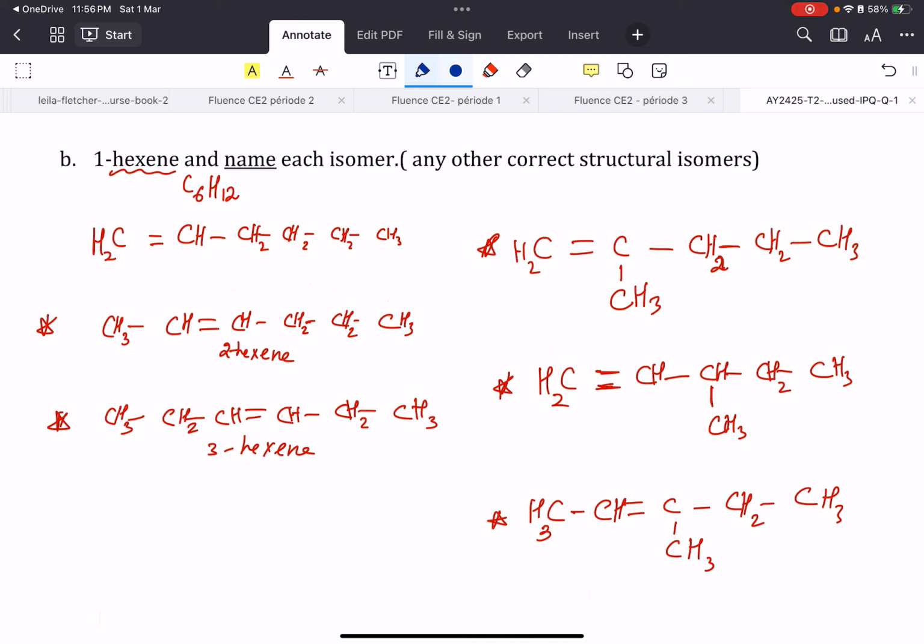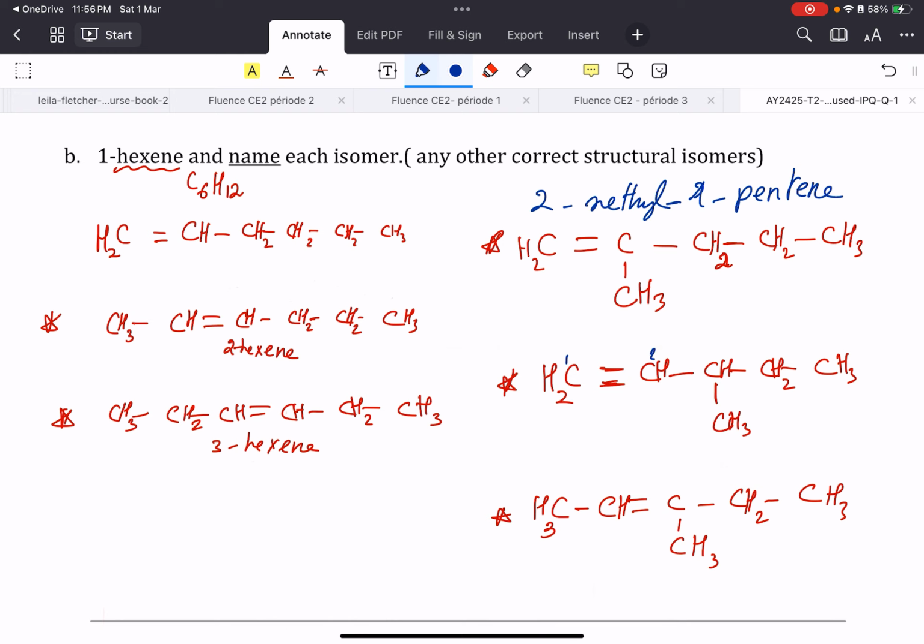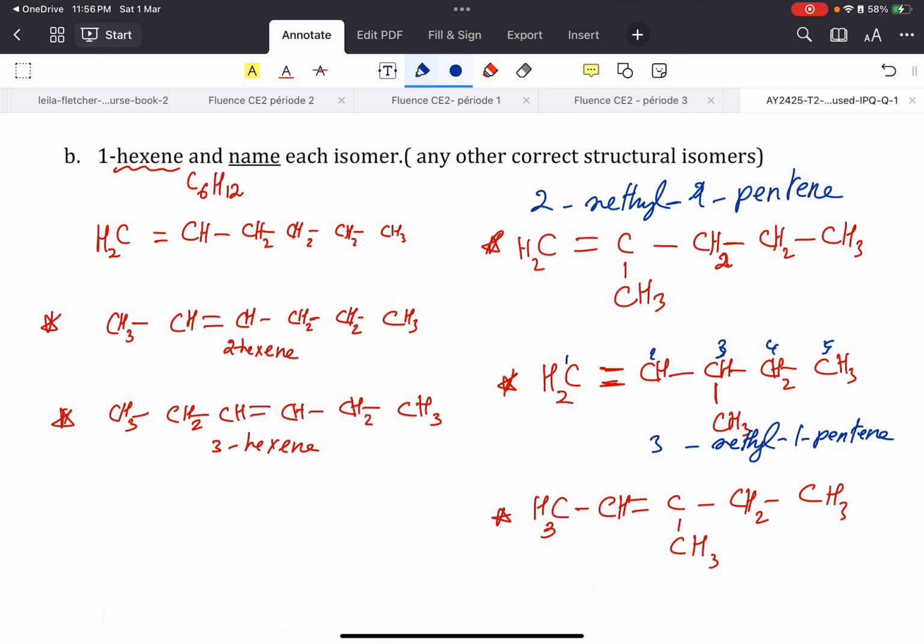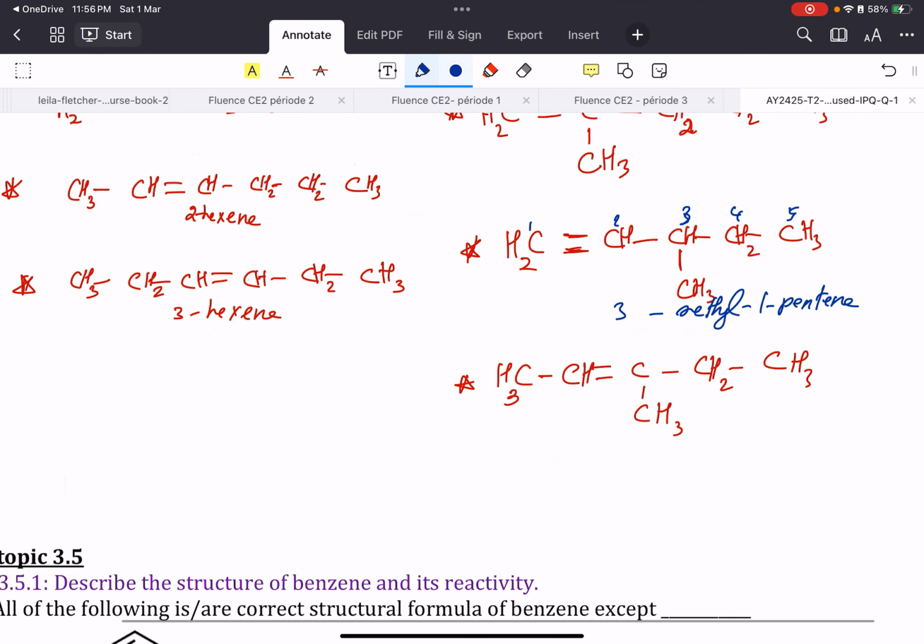The main chain here is 1-pentene with a branch on the second carbon. In this one, I have 1-pentene and a branch on the third carbon, 3-methyl-1-pentene.